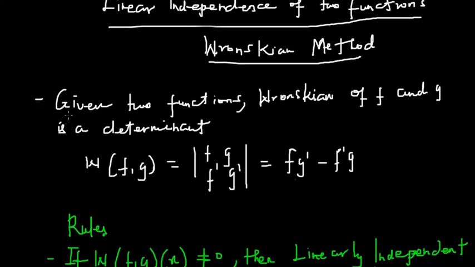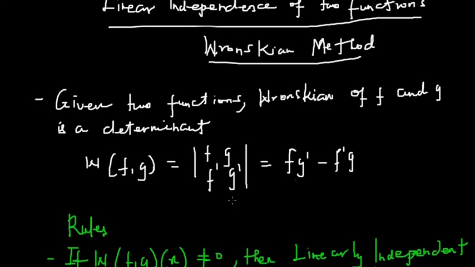So whenever you are given two functions, let's say function f of x and g of x, you take the determinant of the two functions and the derivatives of those two functions.